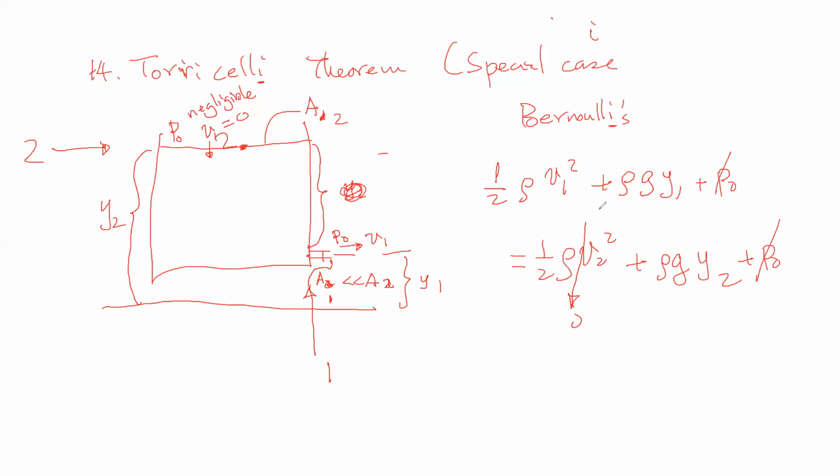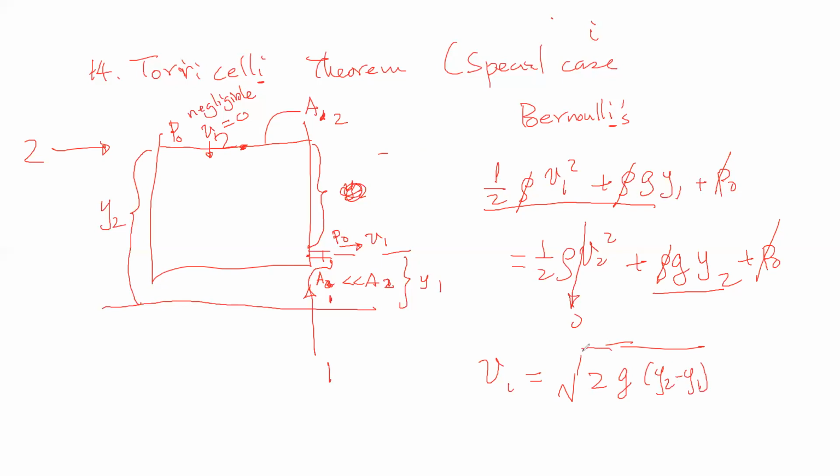So now we have this right here. So we're kind of deriving again right there, right? You would go ahead and cancel out all the rho right there. You can now solve for v1. v1 is then equal to the speed that's coming out from this faucet right there. It's equal to the square root of 2g times (y2 minus y1).